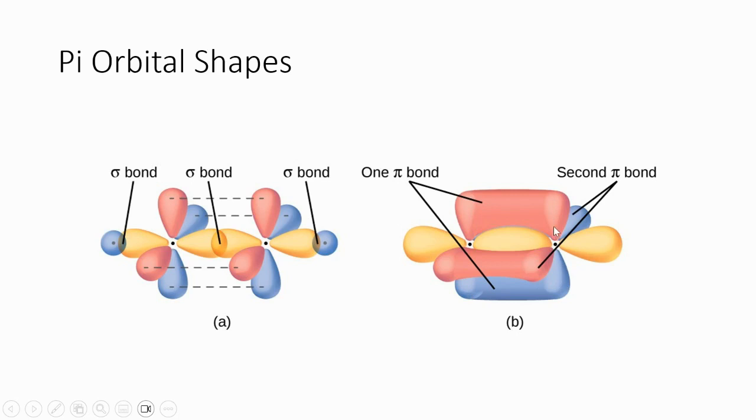And so although it sort of looks like it's two separate bonds, this is in fact one pi bond. And it's similar for the second pi bond. We have a region above and below along that axis.